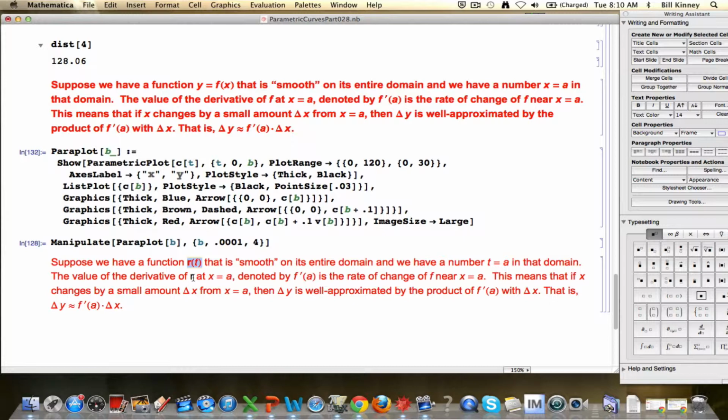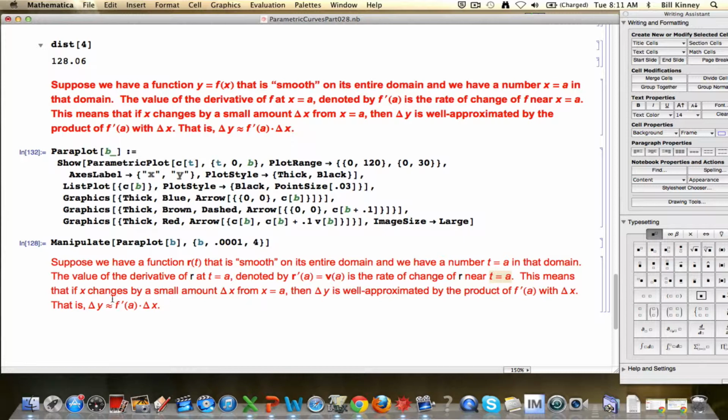The value of the derivative of that position vector, r of t, at time t equals a, denoted by r prime of a, also denoted by v of a, the velocity vector at time a, is the rate of change of r near t equals a. So I'm just again re-emphasizing these facts in this context of a vector valued function.